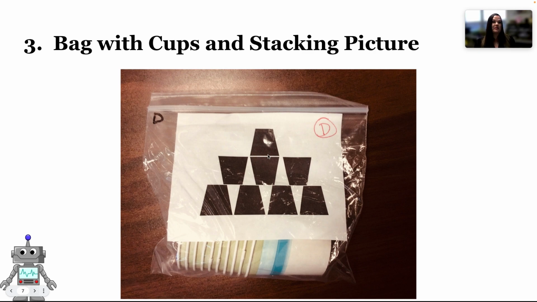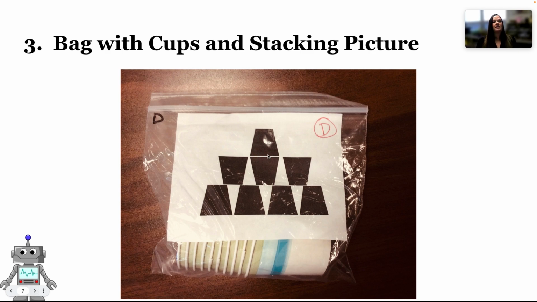Here's an example of what the cups look like in my classroom. So for me, I have all of my materials in a big Ziploc bag, and it's filled with smaller Ziploc bags. Every single group gets a sandwich size bag. It's got their code picture on it of what they're going to be creating.